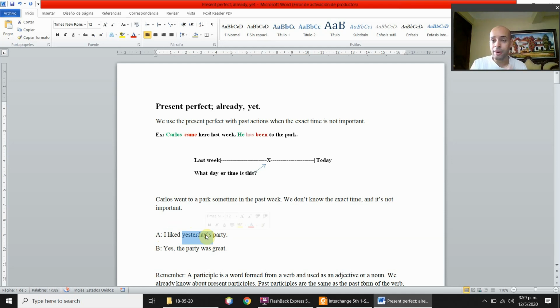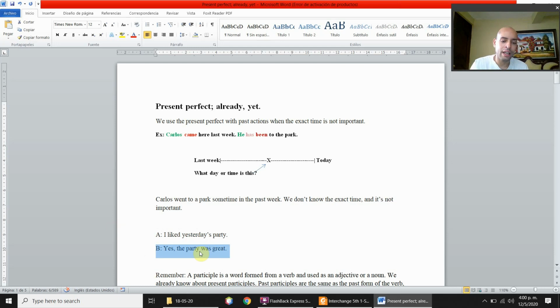Yesterday. The party was yesterday. So, with the simple past, we can be specific. We have to be specific, or we have to know when the thing happened to use the simple past.